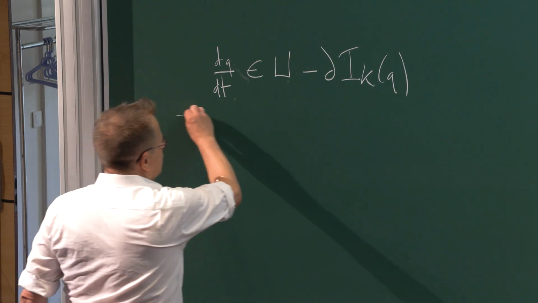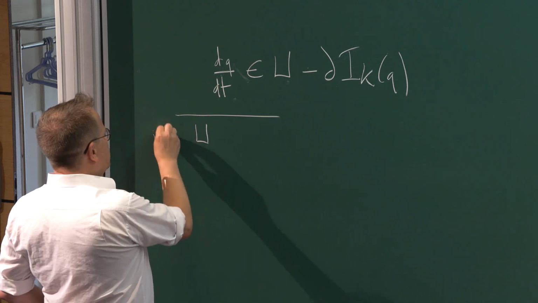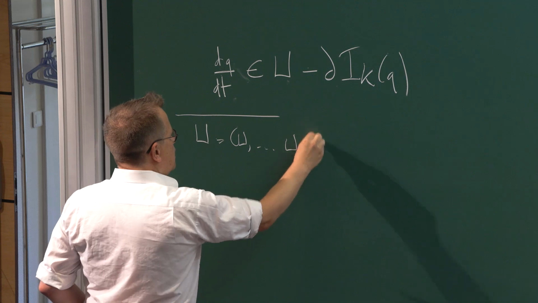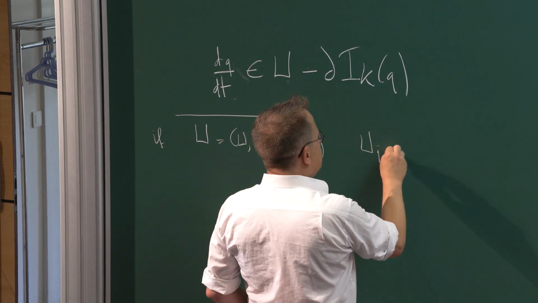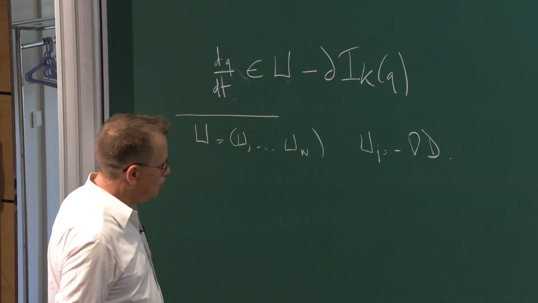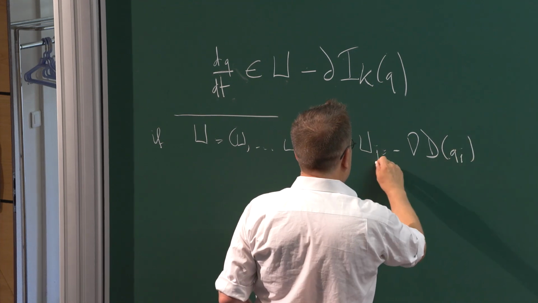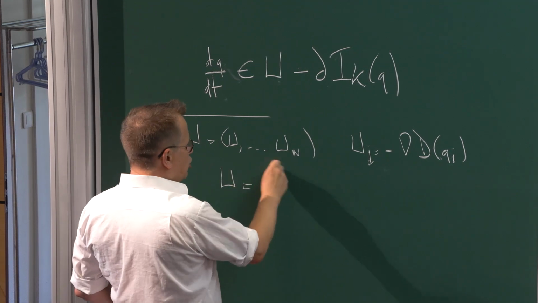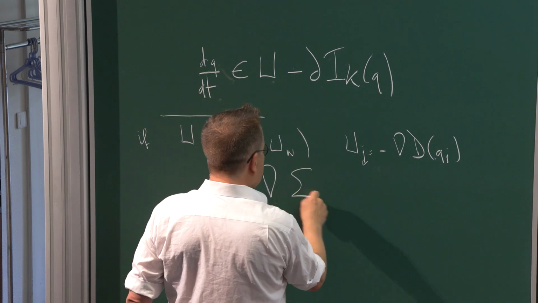Let me, yeah, I can do that now. If I consider that the desired velocity is this one, Uj, and Uj is equal to minus the gradient of d at qj, then capital U is simply the global gradient with respect to all degrees of freedom of the sum of the d.